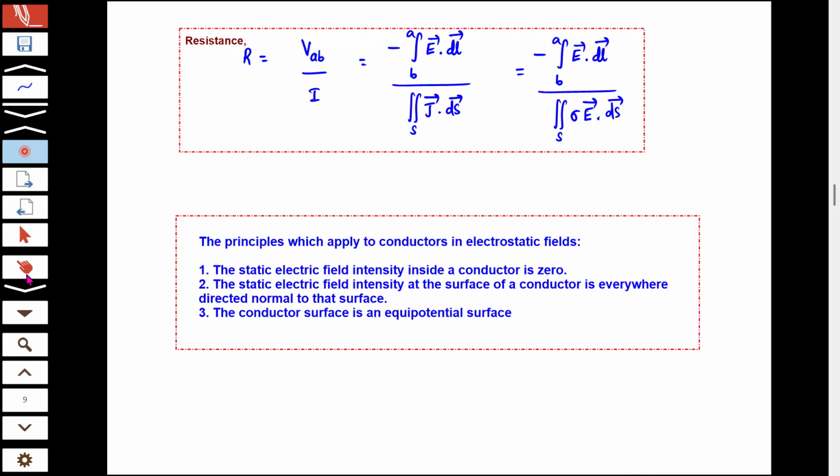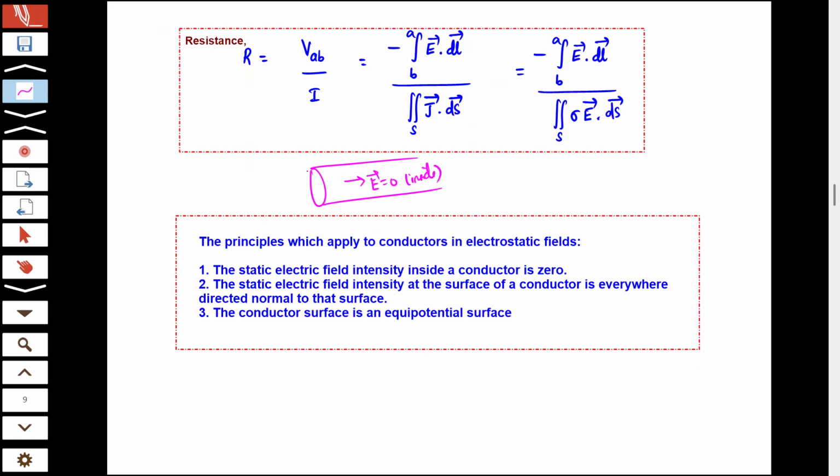And there are a few important observations for conductors, or the properties of conductors in electrostatic fields. The first property says static electric field inside the conductor is zero. So if I consider a conducting material, the electric field is zero inside the conducting material.